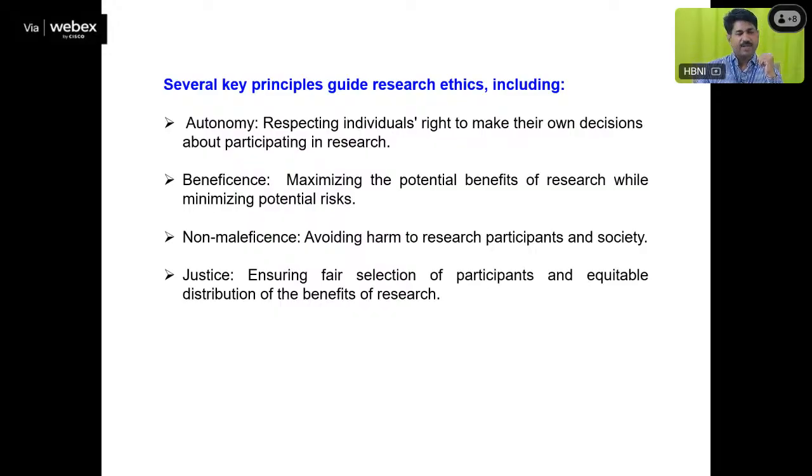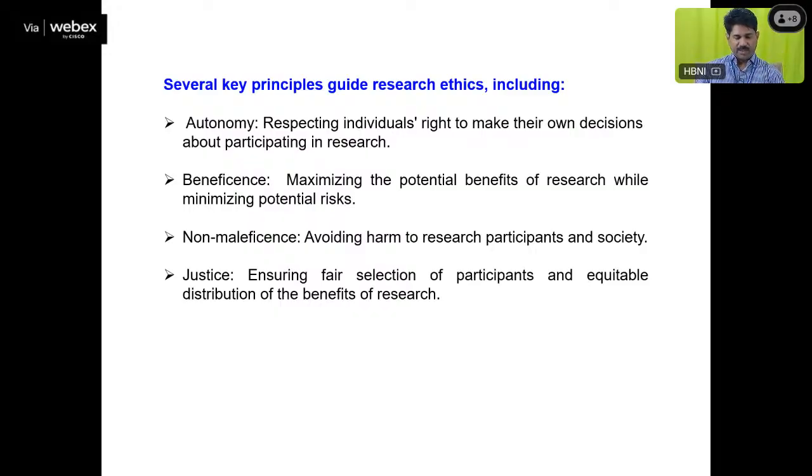And also whenever we are collecting social data, like a behavioral study, or the preferences of various communities, we are involving participants who are human beings. So we have to respect their individual rights.